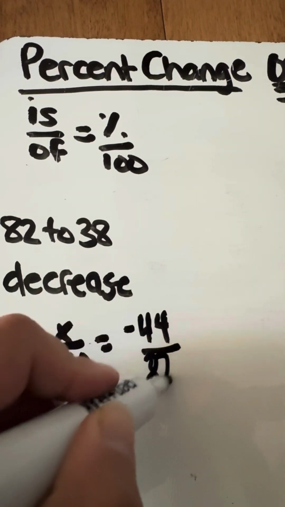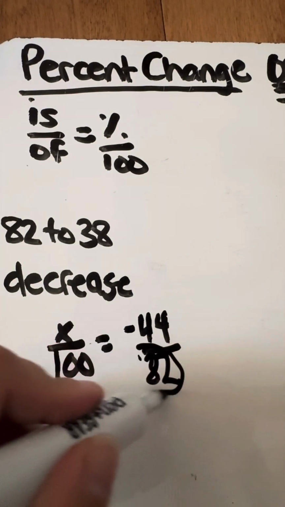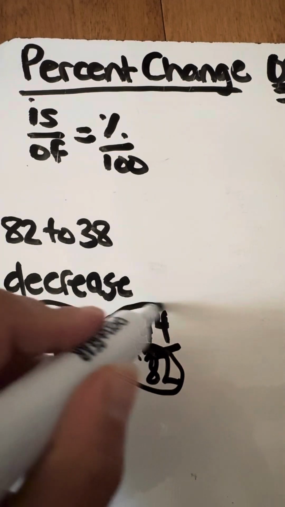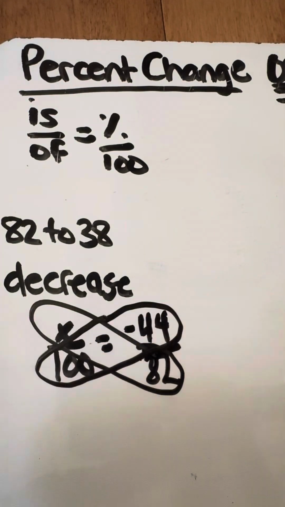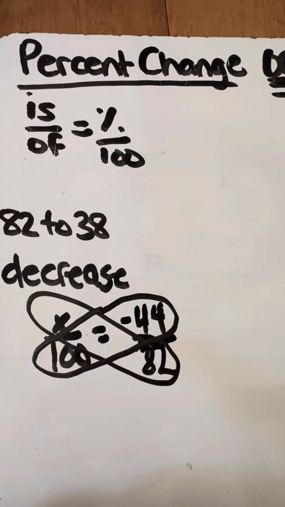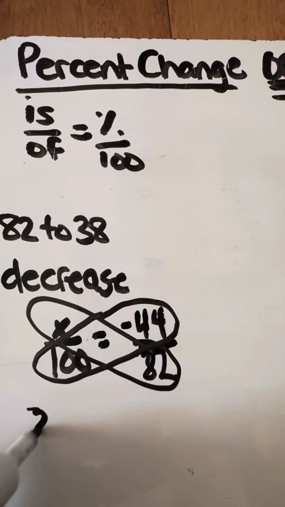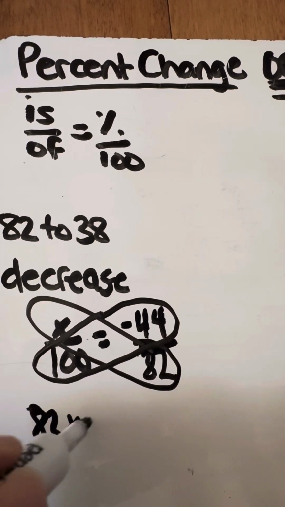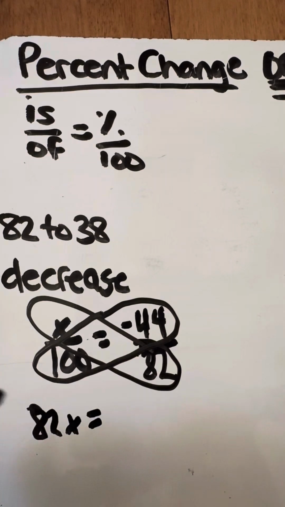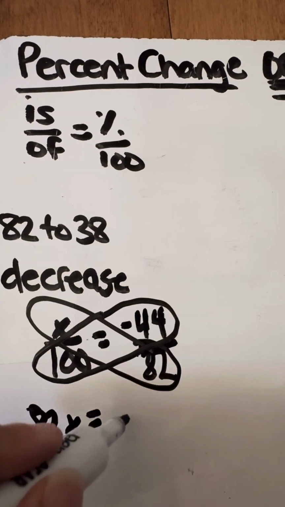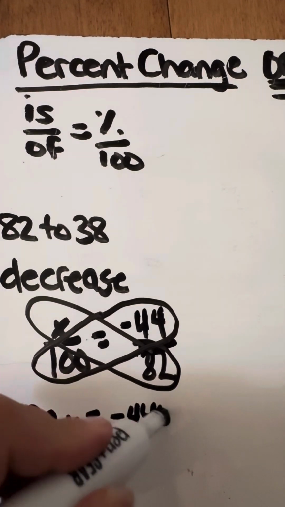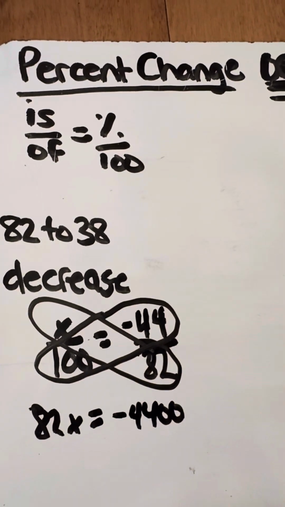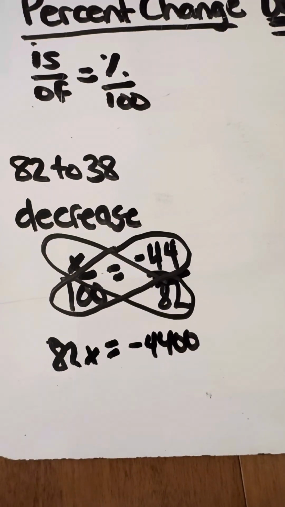So you can write it this way, and then multiply across, then divide. 82 times x is 82x. Then we have the multiplication over here: 44 times 100, and it is a negative 44, so it's negative 4,400. Again, you've already written decrease, so you don't have to do the negative part if you don't want to.